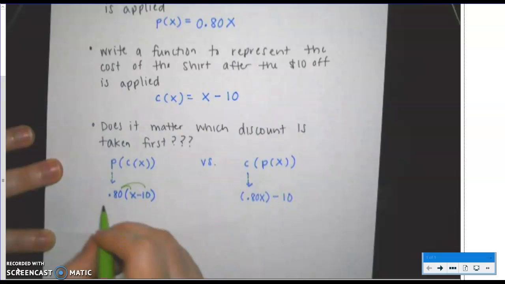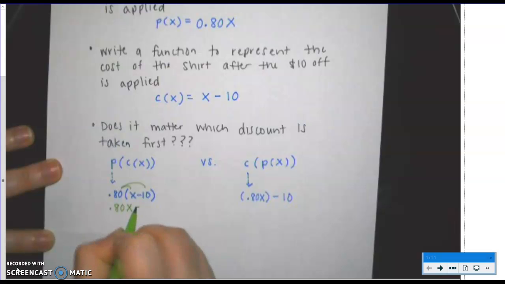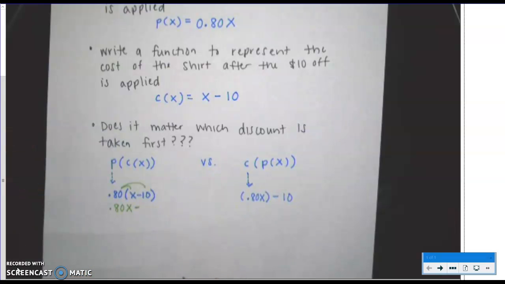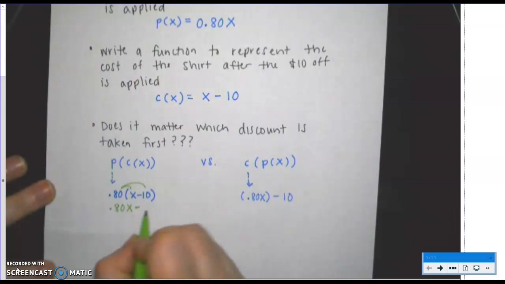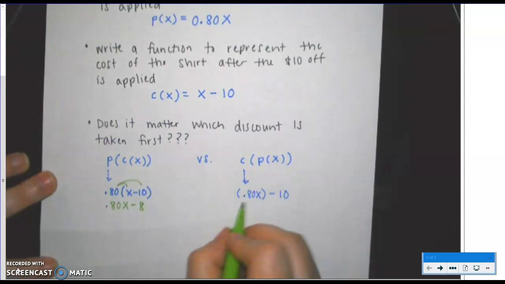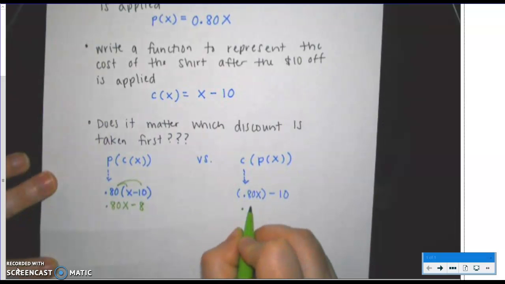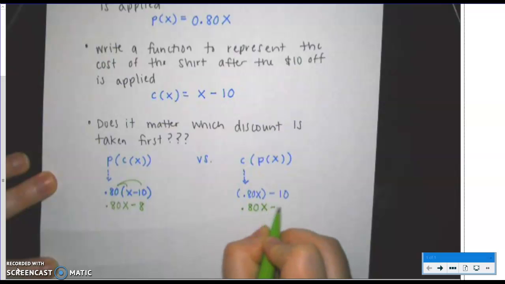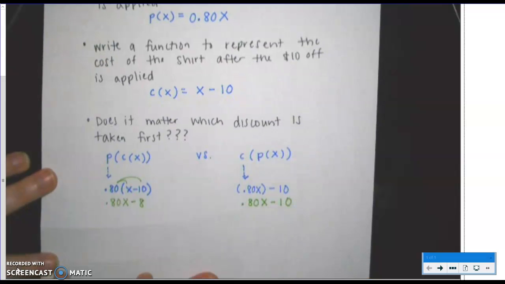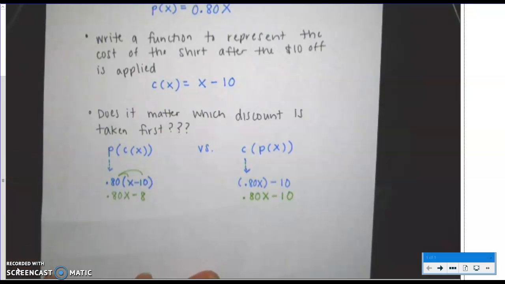So I'm going to distribute: 0.80 times x, 0.80 times 10. All right, versus this, there's no distribution here, and those are not like terms. So this is going to be 0.80x minus 10.